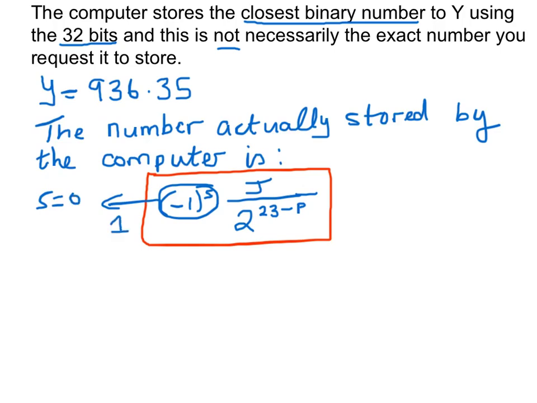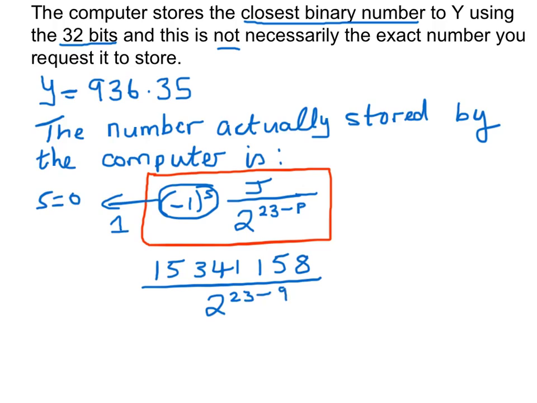We have a value for j, so the number that's actually stored by our computer is j, which turns out to be 15341158 divided by 2 to the power of 23 minus p, and p turned out to be 9. So if I work that out, it's 15341158 divided by 2 to the power of 14.